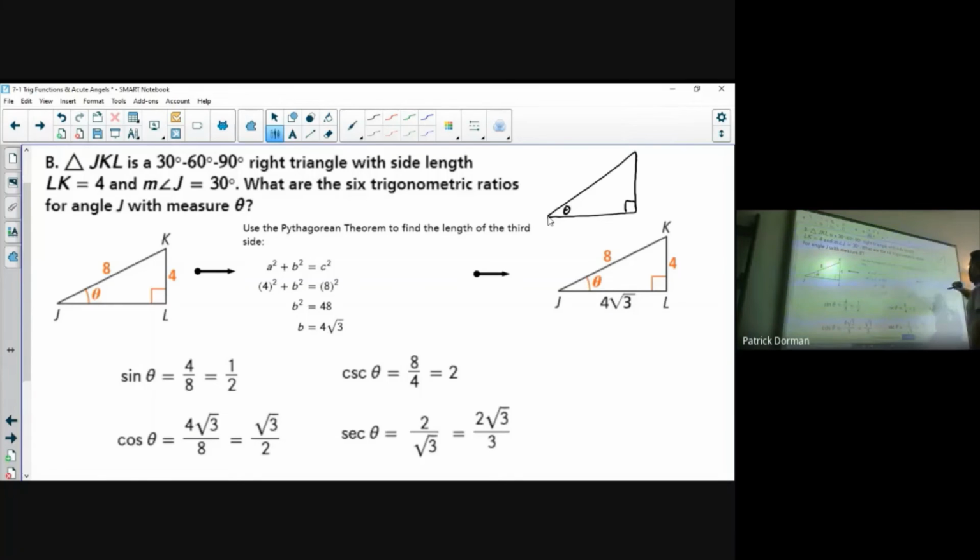If this is theta, well, we don't really need to know theta in this case, because it's going to have to be, my bad, I don't want to write theta there. I want to write, so that's 90. And that means that this is 30 degrees, and that means this is 60 degrees, okay? So your hypotenuse will be twice as long.